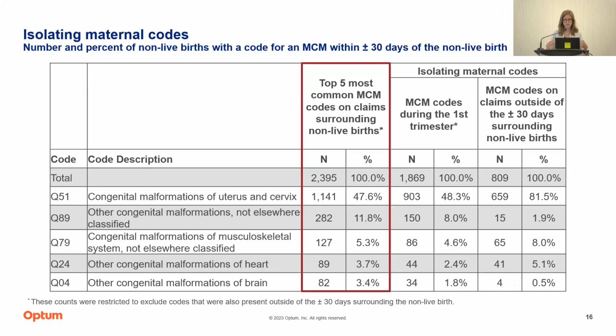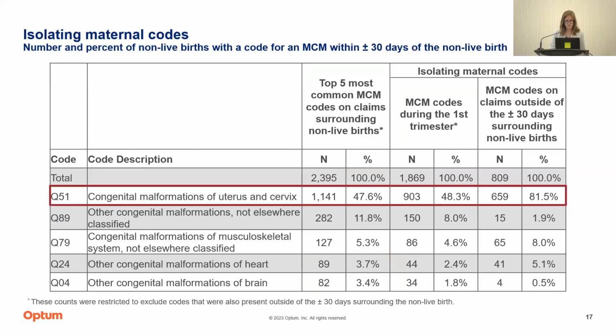And you can see that the congenital malformations of the uterus and cervix is by far the most common MCM code. When we tried to isolate the maternal codes out of this, in the right 2 most columns, you can see this Q51 congenital malformations of the uterus and cervix code becomes even more prevalent, particularly in the rightmost column, which we're pretty sure are maternal codes.